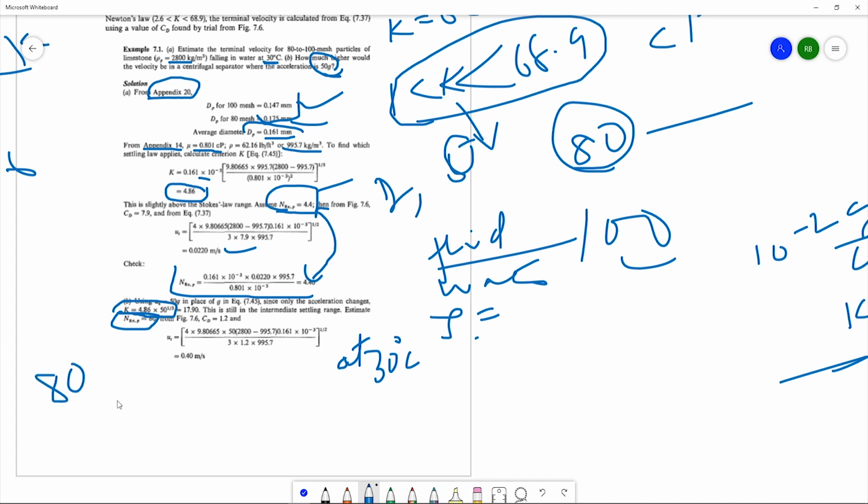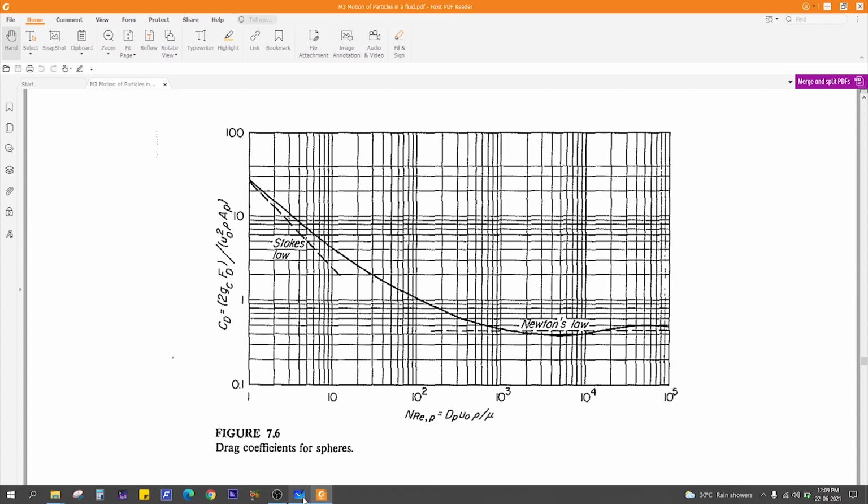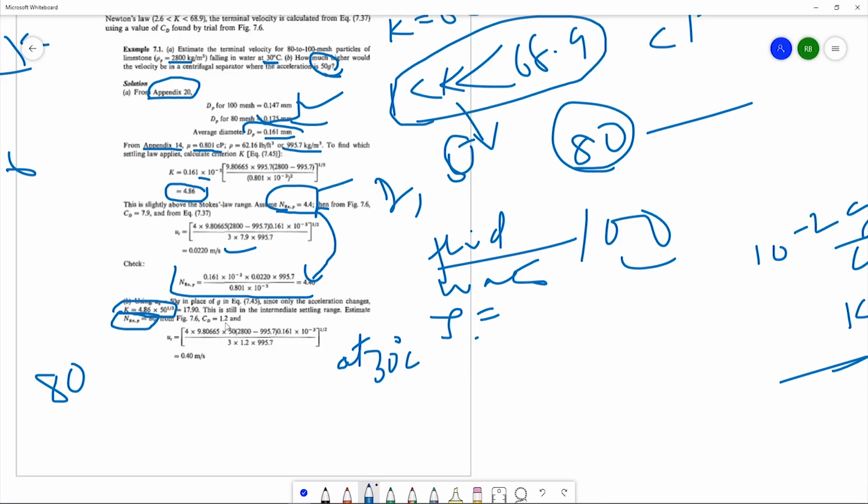Here they have assumed 80. So if the Reynolds number is 80 here, somewhere this is 100, so somewhere here, so you can easily get something 1 point something. So CD you will be having 1 point something, so 1.2.